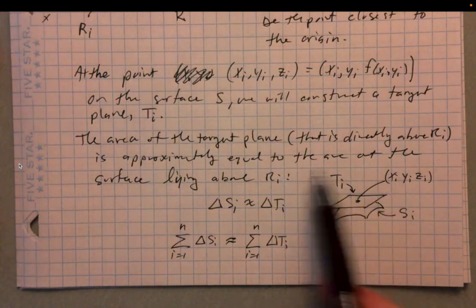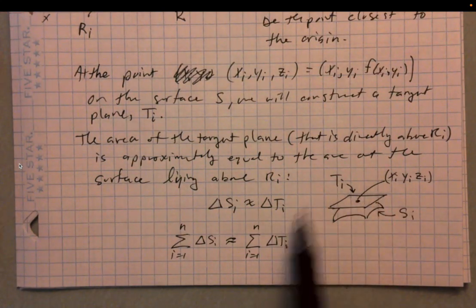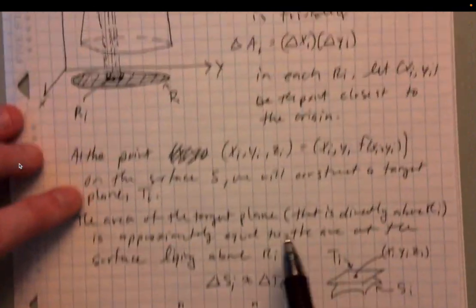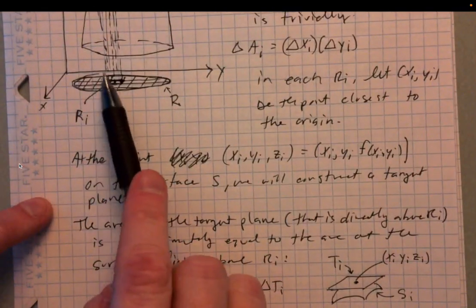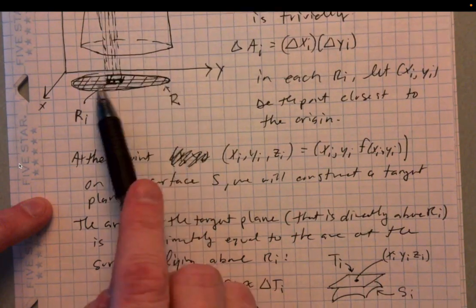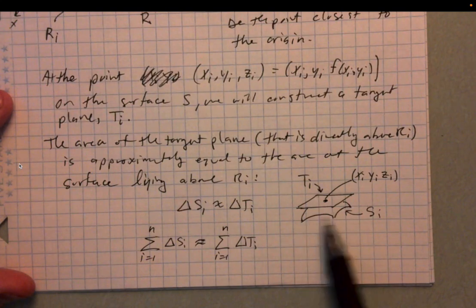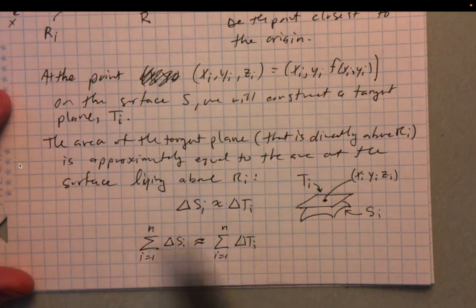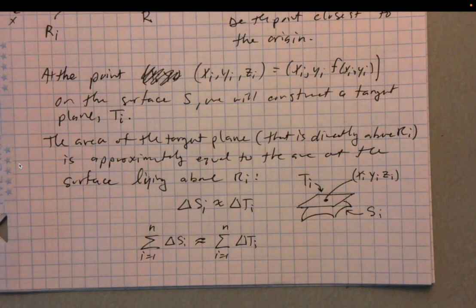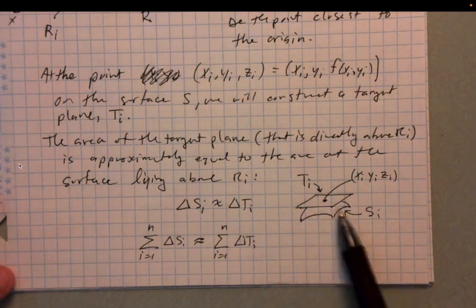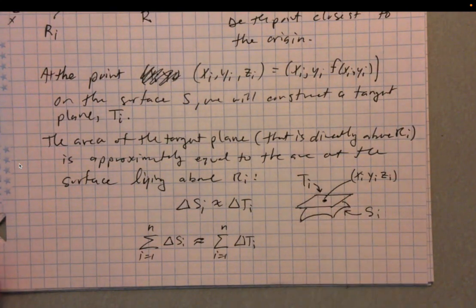All of the little tangent planes all over the surface that you would get by repeating this process for every rectangle in the region, each one is going to be approximately equal to the Si that corresponds to it, and so the sums would be approximate as well. Okay, so this is going to create our approximation, because it's very easy to identify the area of a flat plane like Ti, but it's not easy to identify the area of a curved surface Si.